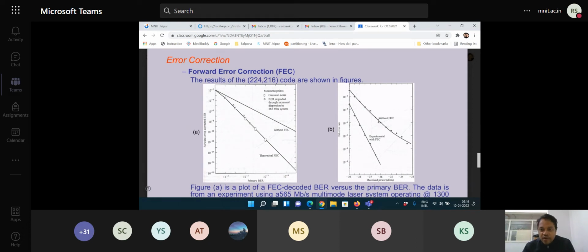If forward error correction is not used, then you have something into 10 to the power minus 6. So you have a factor of about 10 to the power 3 between bit error rate with forward error correction and without forward error correction.